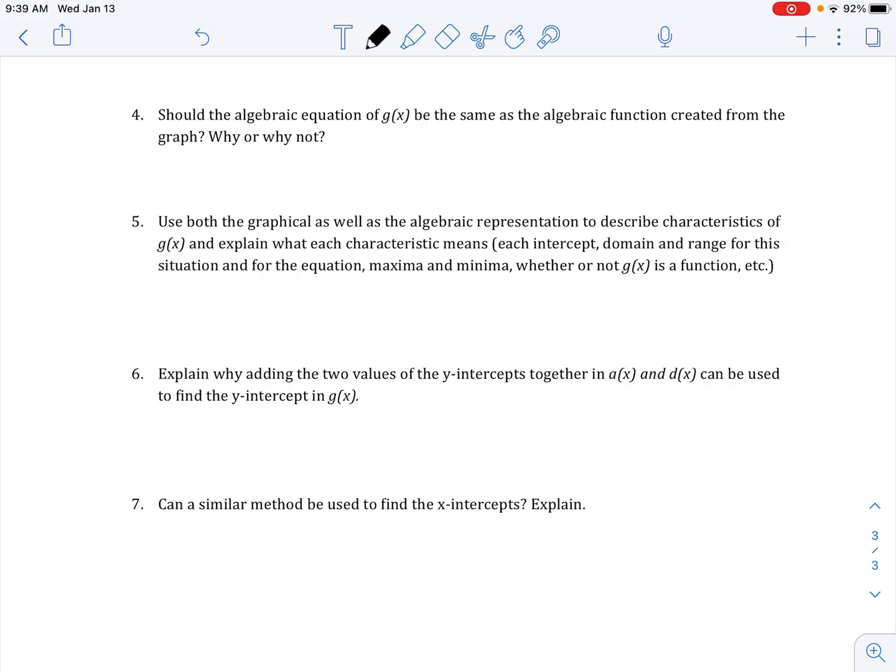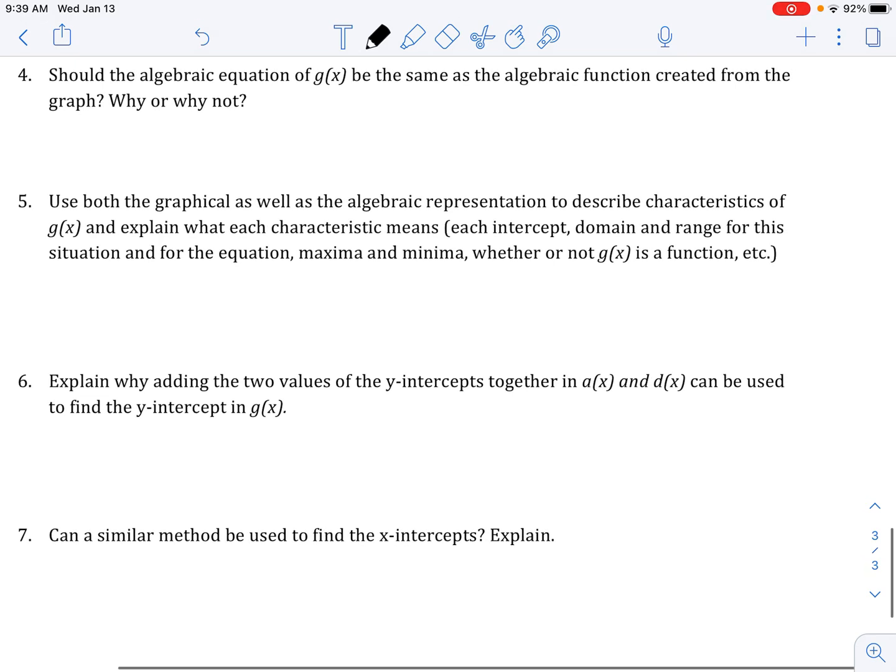And then problem 5 says, use both graphical as well as the algebraic representations to describe characteristics of g of x and explain what each characteristic means: each intercept, domain, and range for this situation, and for the equation, the maxima and minima, whether or not g of x is a function.